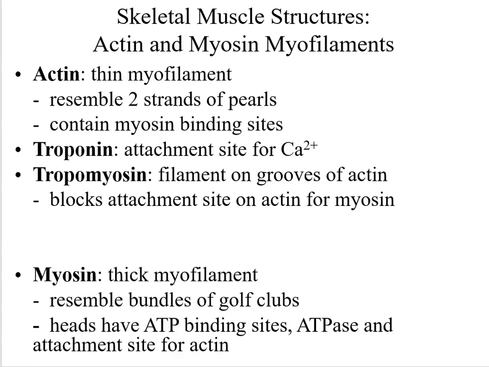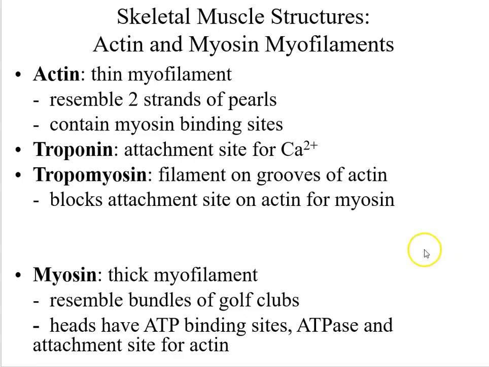Troponin is attached to tropomyosin, which is a thinner, more thread-like protein, which sits in the grooves of actin. As the actin strands twist together, they form a groove, and tropomyosin will be found there. Its location is right on top of those myosin binding sites. So it will sit on top of them and block them when the muscle is at rest.